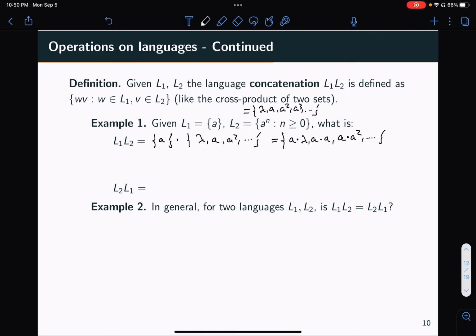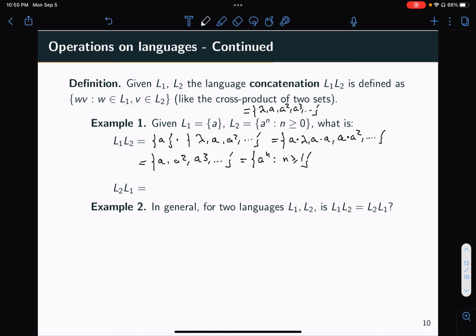And so then what you get is A, A2, A3, and so on. So actually the resulting language is really just A to the n, but for n greater or equal to 1.